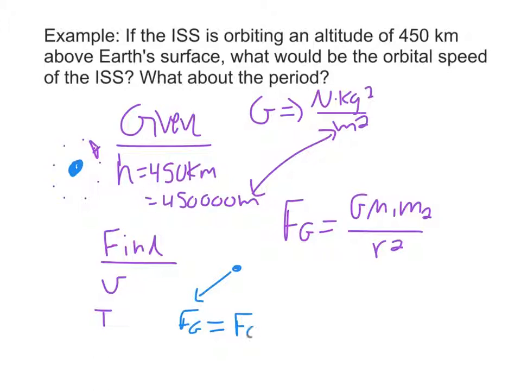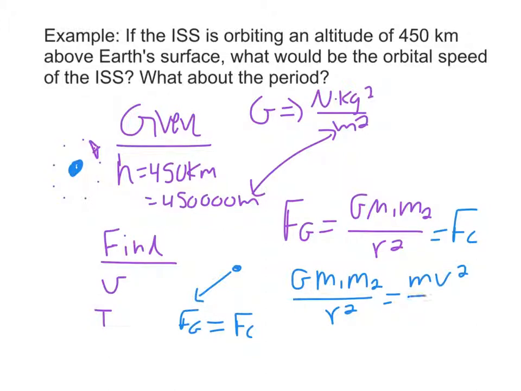So that means that my gravitational force must also be equal to my centripetal force, which means that G m1 m2 over r squared must also equal my centripetal force, which is mv squared over the radius. Reason being, again, is because there's only one force acting on the ISS. It's moving in a circle. Therefore, that force must be equal to the centripetal force as well.